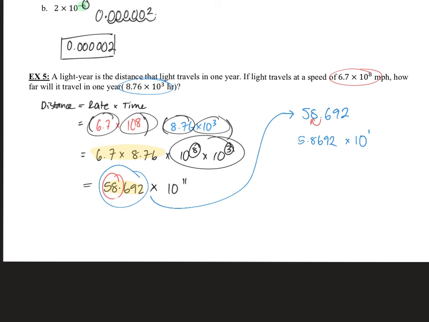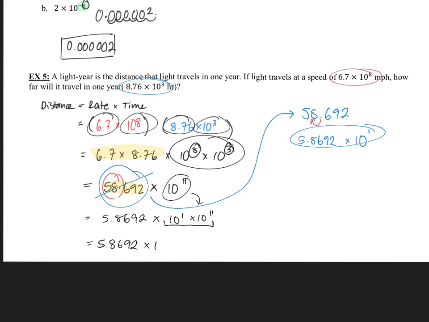All right, so now we can replace this amount with our newly created scientific notation, 5.8692 times 10 to the 1 power, and bring down the other 10 to the 11. And lastly, we can go ahead and combine these two to get 5.8692 times 10 to the 12th power, which is our answer.